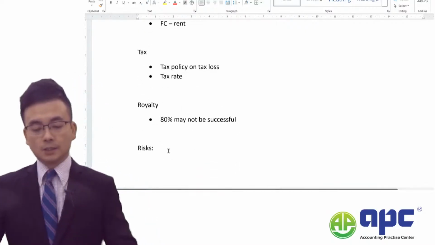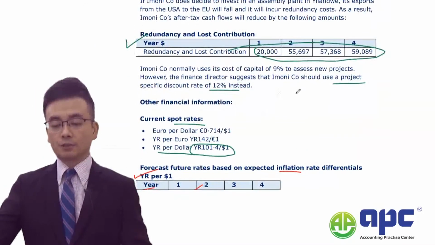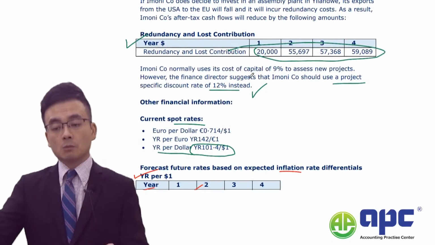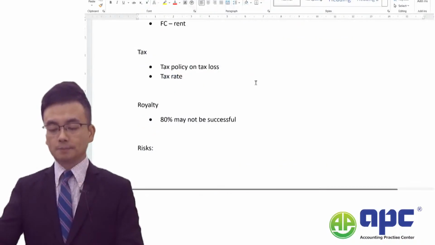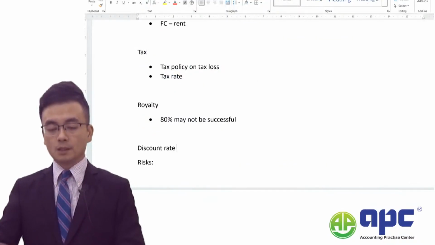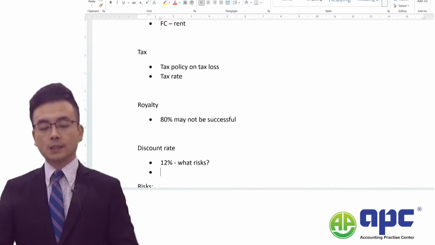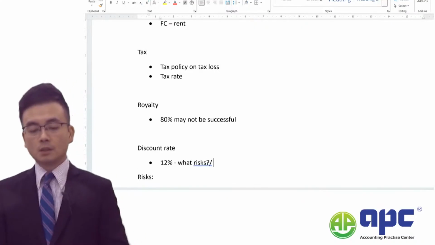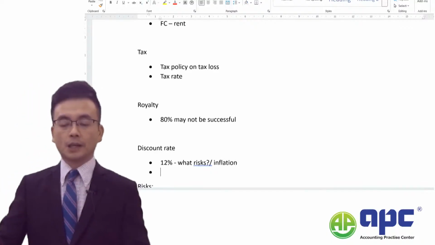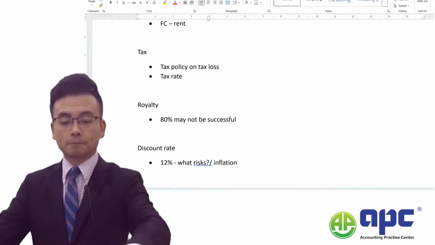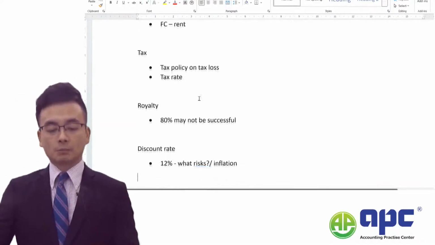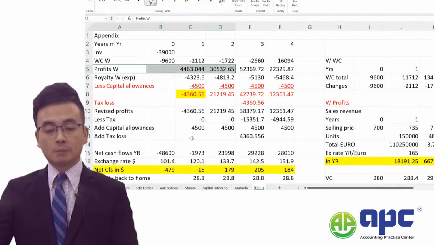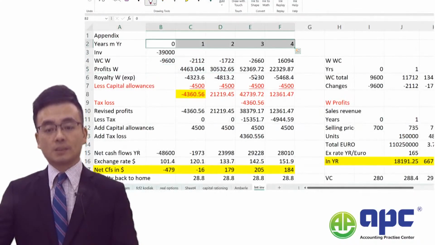And also that you've got the discount rate of 12%, but what risks are included? So for the discount rate of 12%, you can say to the examining team what risks have been included, business, financial risks and so on, and also whether or not that has included the inflation rate. We're not sure about that. Now, any other assumptions that we can also talk about: the number of years, because we can start the project immediately, but whether or not that would be the case.